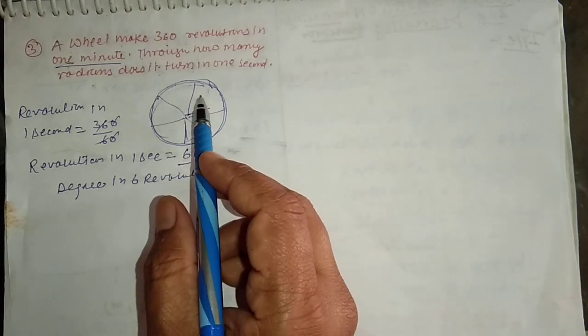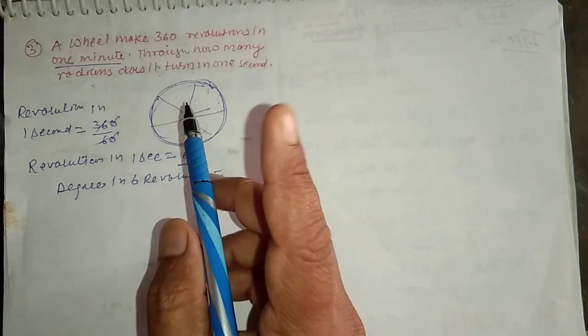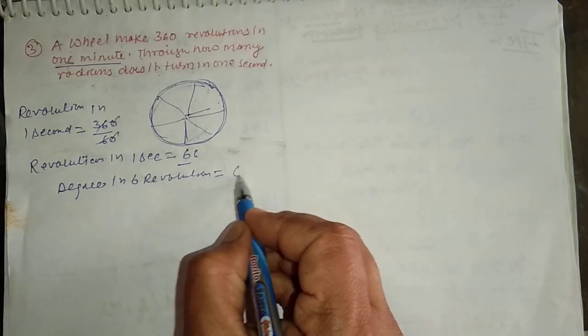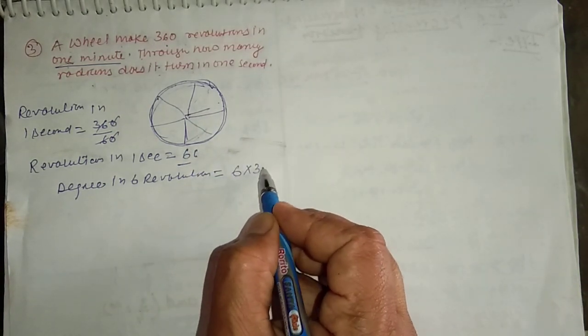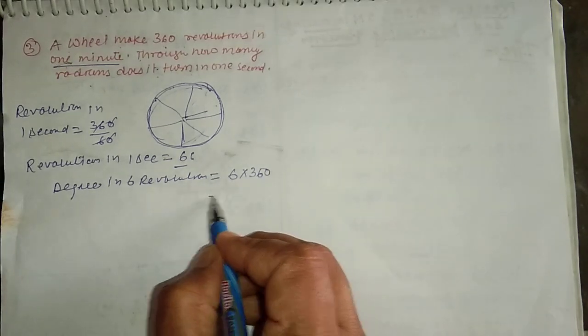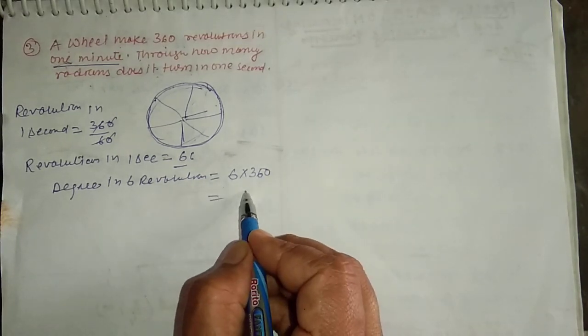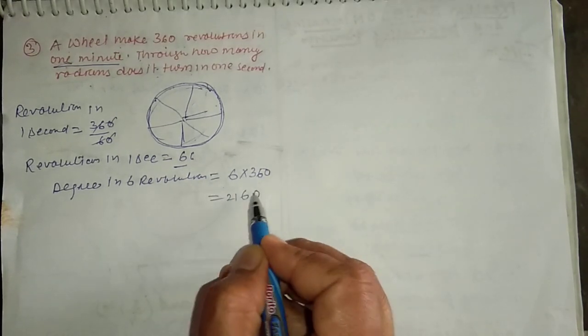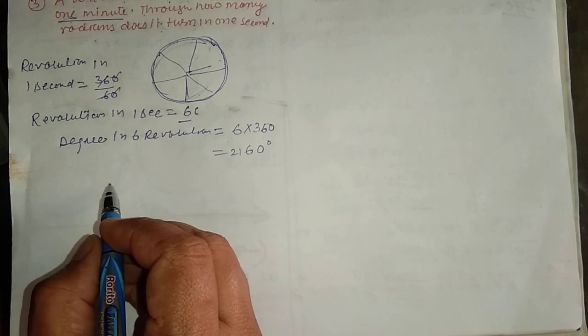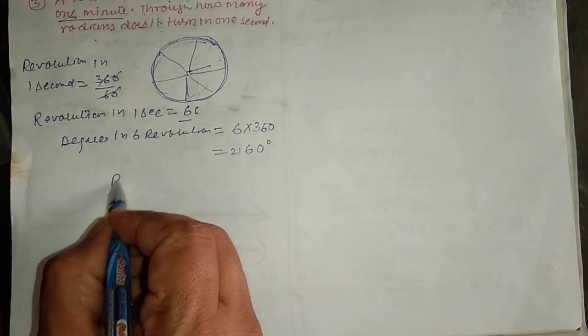We know that in 1 revolution there are 360 degrees, so for 6 revolutions, 6 into 360, 6 6s are 36, so 2160 degrees.